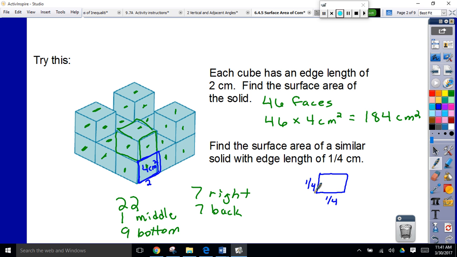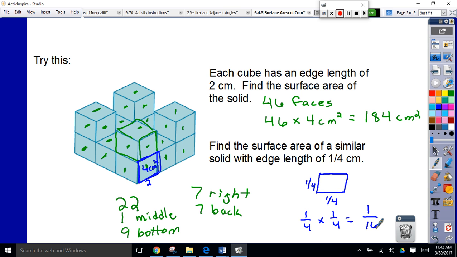What's 1/4 times 1/4? 1/16. Remember when we're multiplying fractions, we multiply the numerators and the denominators. So 1/4 times 1/4 is 1 times 1 is 1, 4 times 4 is 16. So the area of one of these squares is 1/16 of a square centimeter.